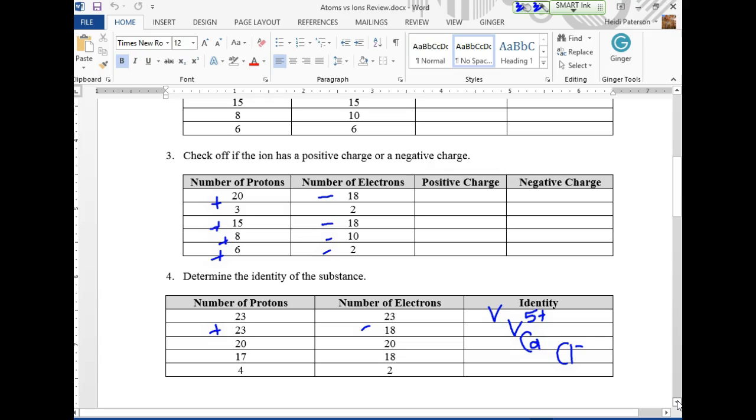The next substance has 4 protons and 2 electrons. Beryllium. If we only say beryllium, we are indicating that substance is an atom. We have to add the word ion, and for some of them, we even have a name change.